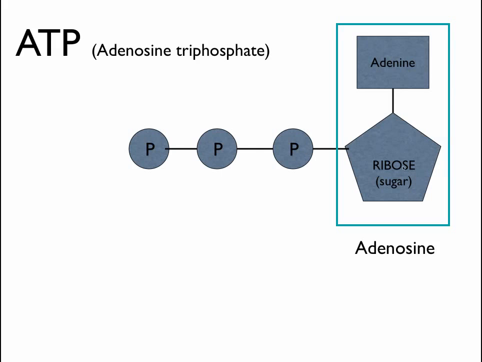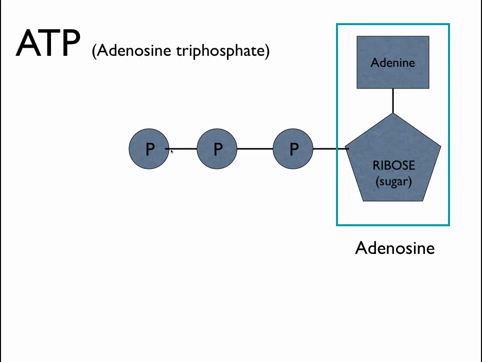And attached to adenosine, you have three inorganic phosphate molecules. Phosphate is actually PO4, the chemical molecule, but I'm just going to abbreviate it here as P. So your adenosine triphosphate has 1, 2, 3, tri.